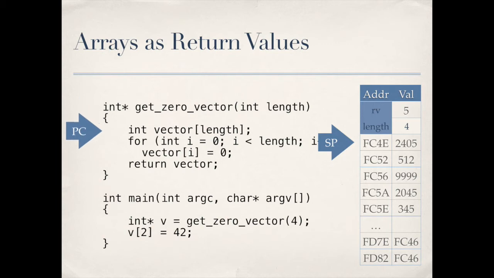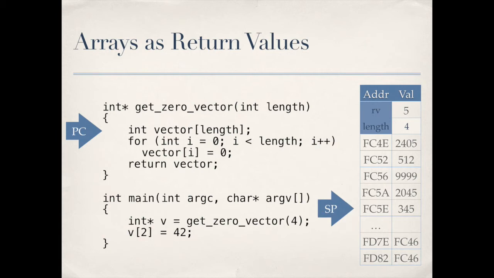So PC is moving to the next instruction, and it says we declare a variable vector, which is an array of int values, namely 4, because length is 4, so we have to reserve 4 values in our memory.